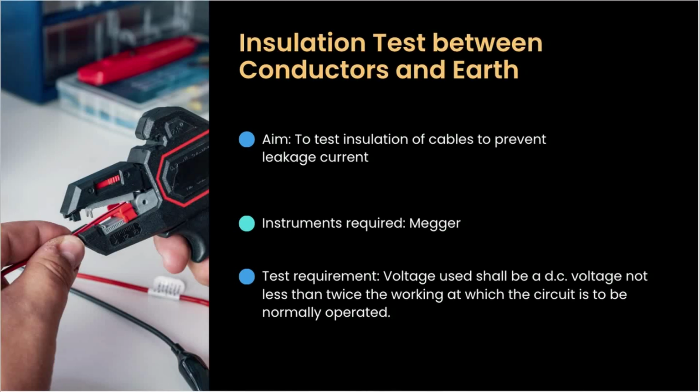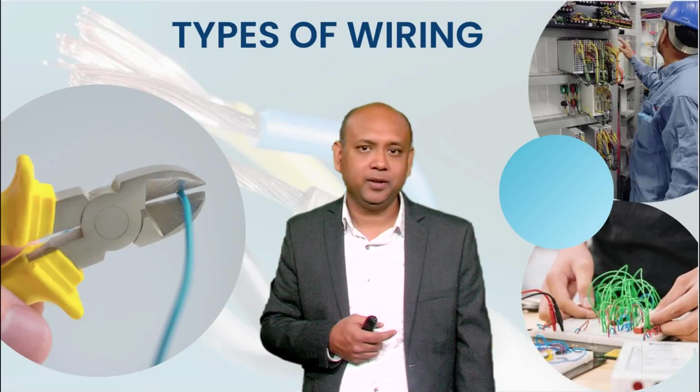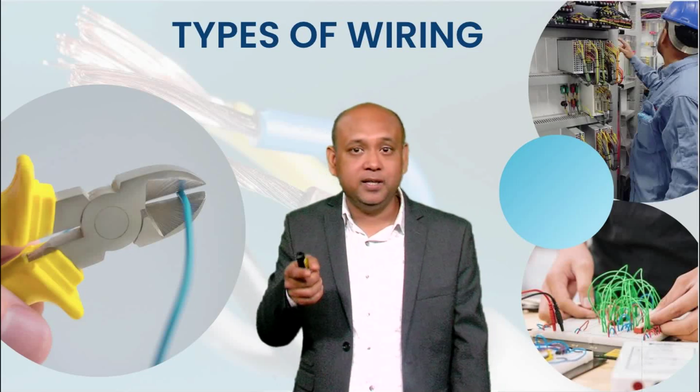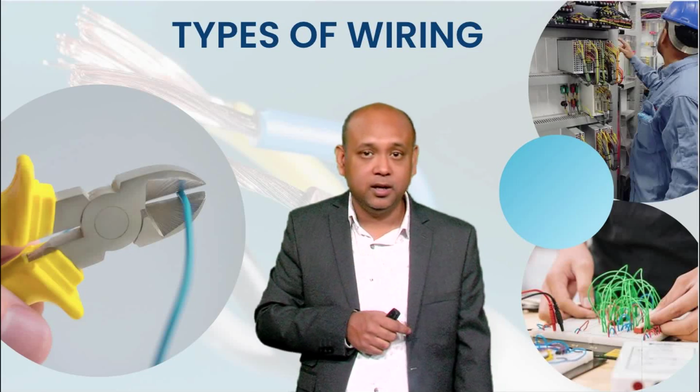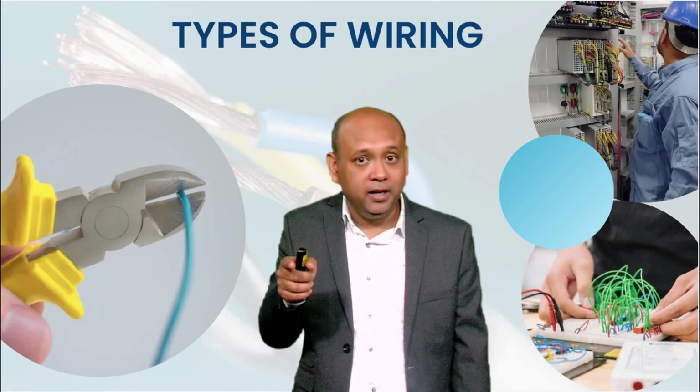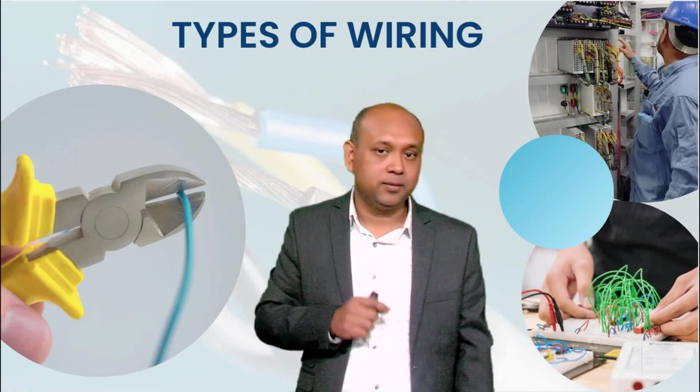The voltage supplied for the test should be a DC voltage, and it must be at least twice the working voltage of the circuit under normal operations. For example, if the working voltage is 250 volts, the Megger should have a rating of at least 500 volts.